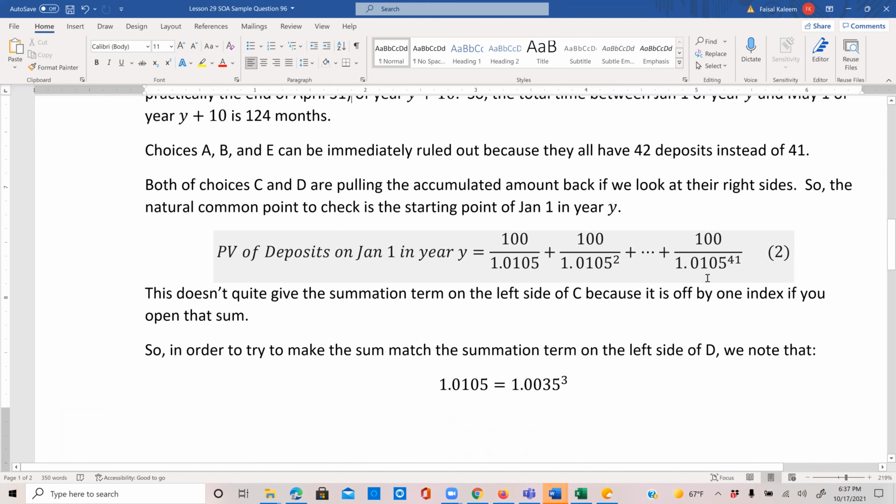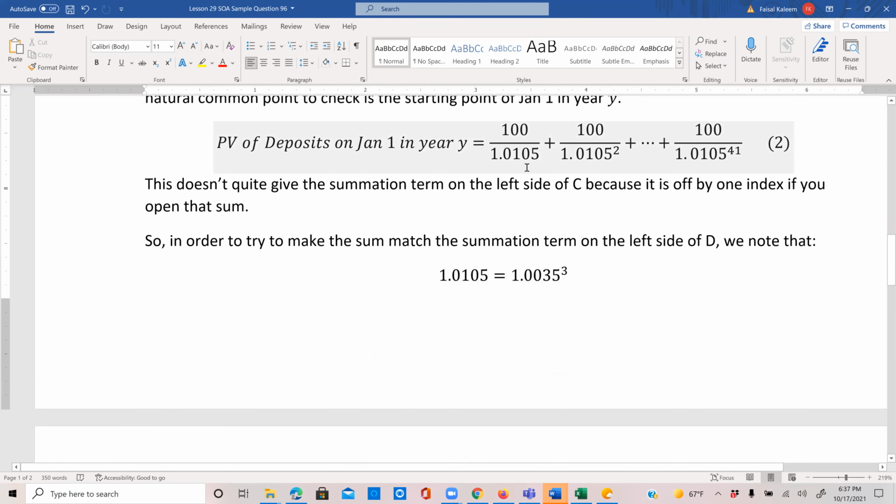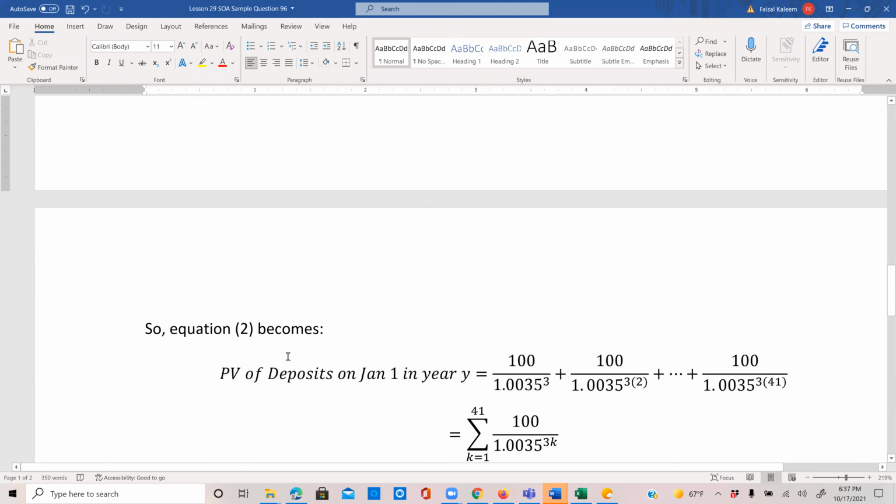However, we notice that this 1.0105 is actually equal to 1.0035 cubed, and you can check that on the calculator. So if we replace the 1.0105 by 1.0035 cubed in each of these terms, we get the present value of deposits on January 1 in year Y.